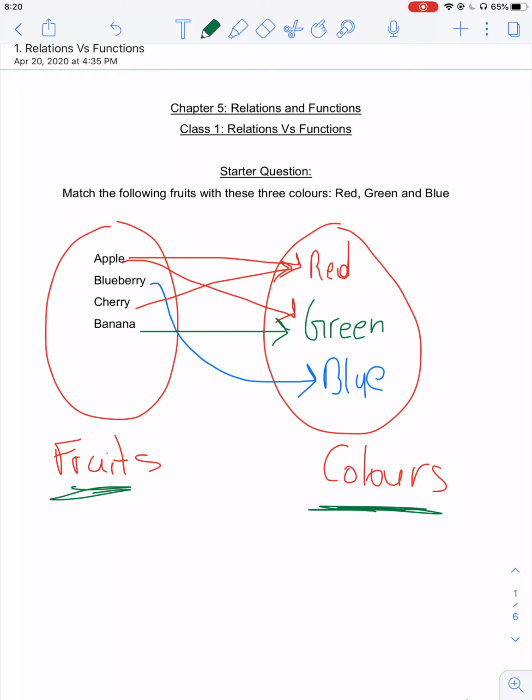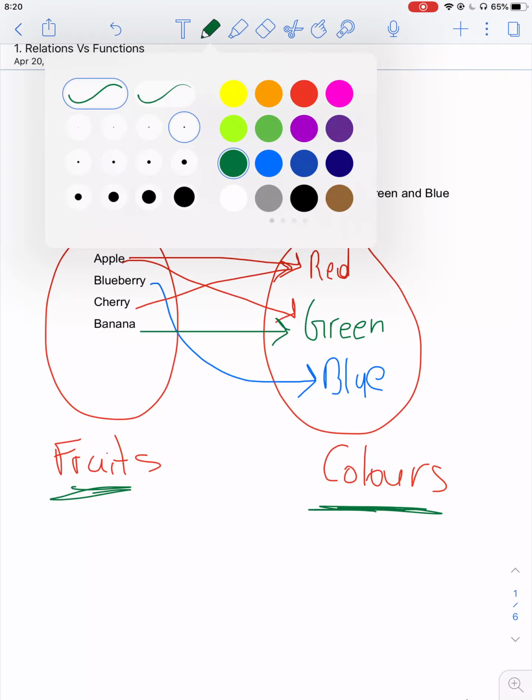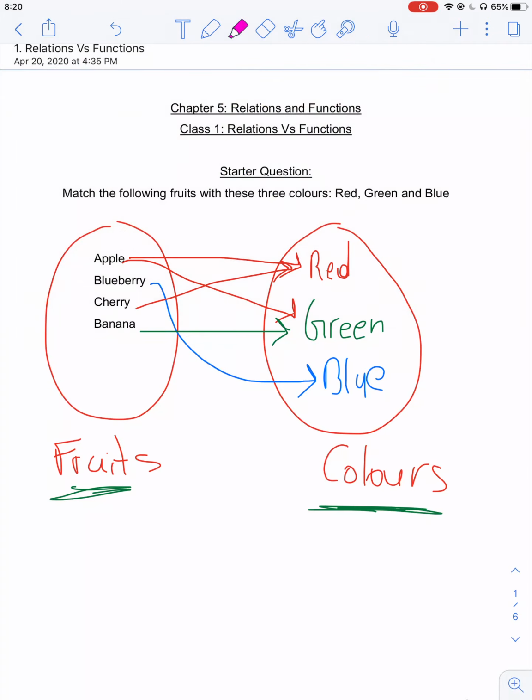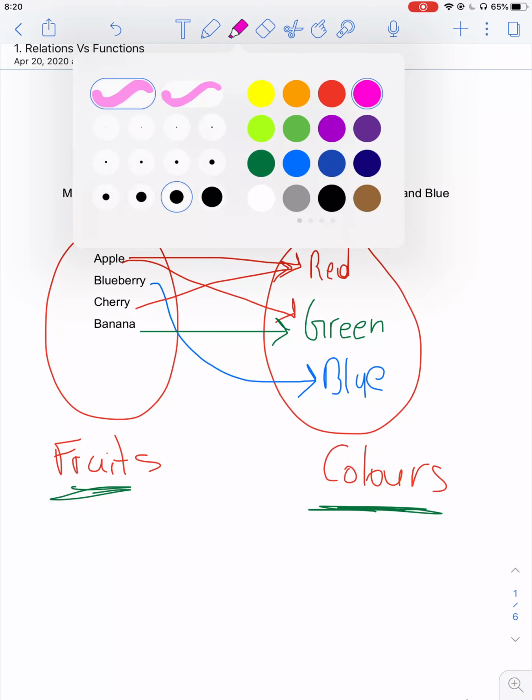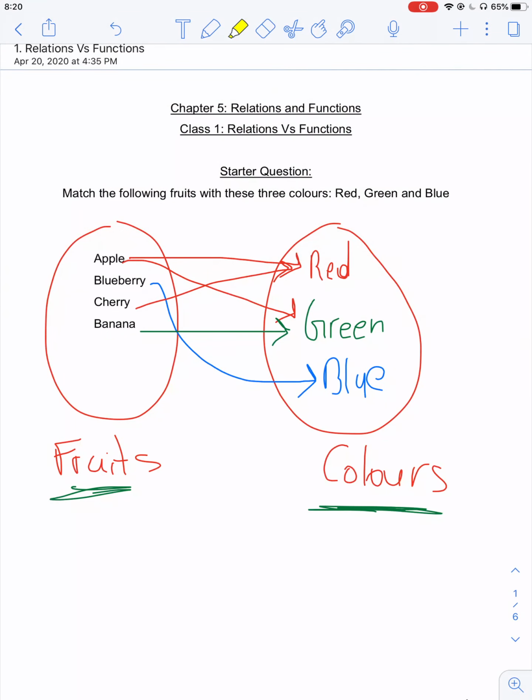It's not a function because we have a problem, and the problem is the apple. The apple, unfortunately, can either be red or it can be green, and this is something that you cannot have in your function. I'm going to use a fancy word: you cannot have an element in the first set.